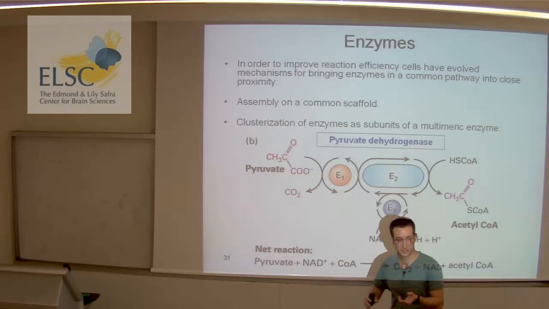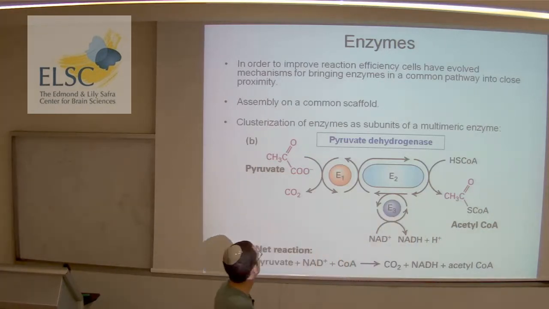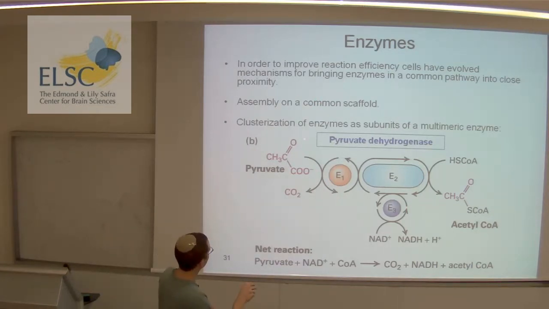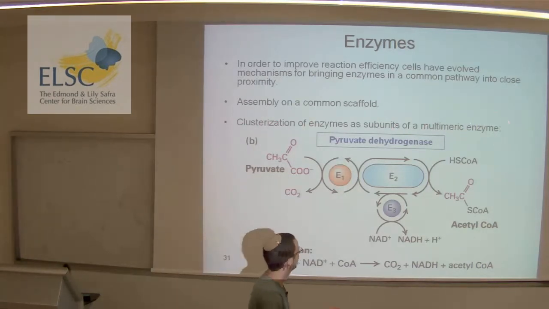When two reactions are coupled, cells have developed very effective mechanisms to couple them spatially, simply by assembly of the enzymes that promote each of these reactions on a common scaffold. So this is a specific example of such clusterization of enzymes as subunits of a multimeric enzyme.